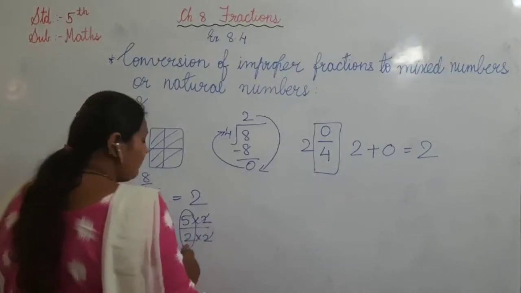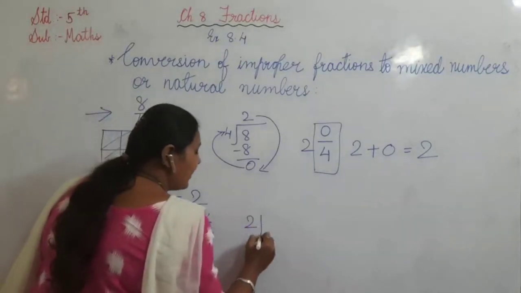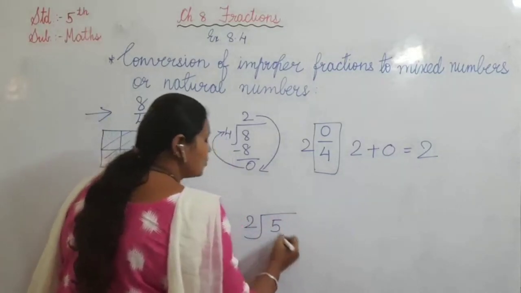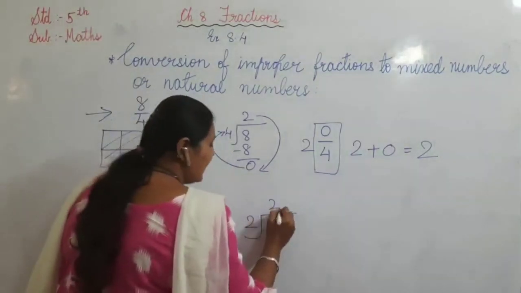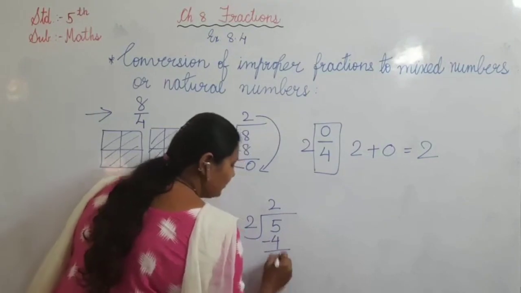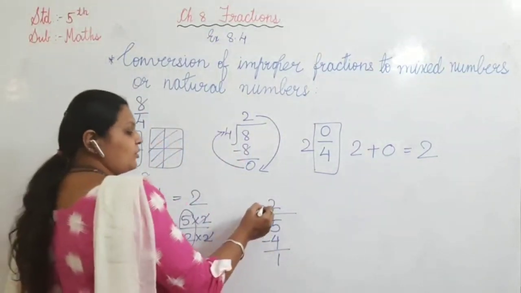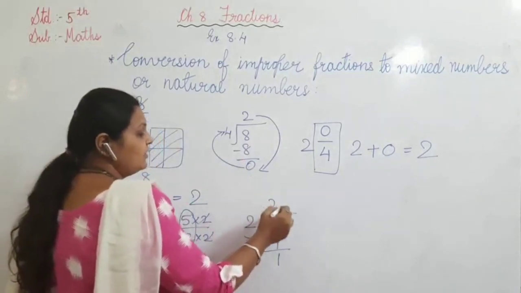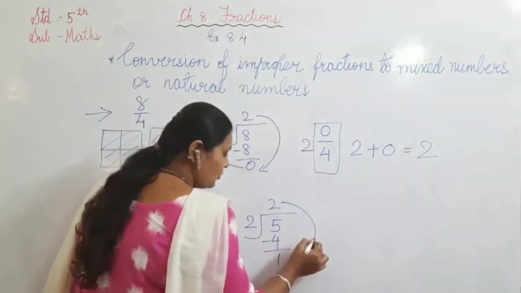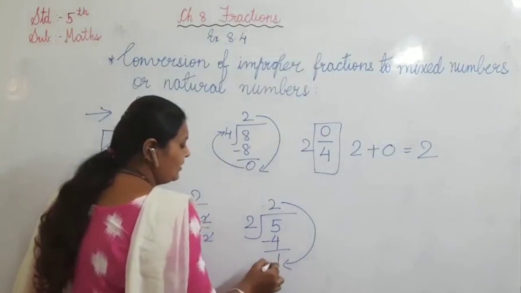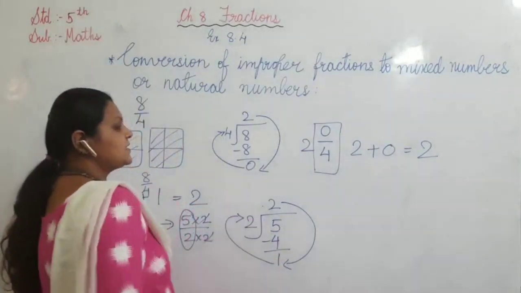So now 5 upon 2, we will divide 5 by 2. So 2 2s are 4 and the remainder is 1. So what I told, whenever we want to write, we have to start with the quotient, so 2, then the remainder, and then the divisor.